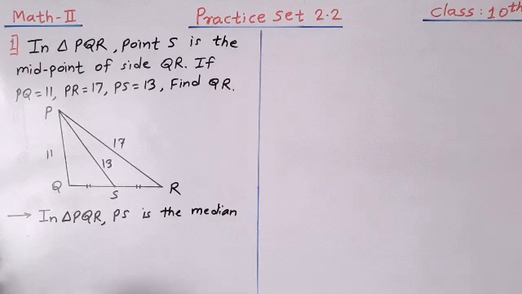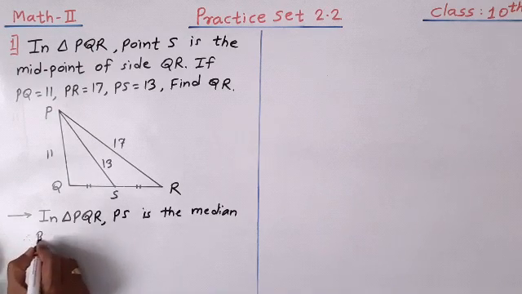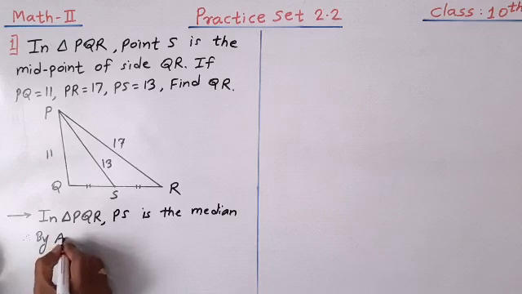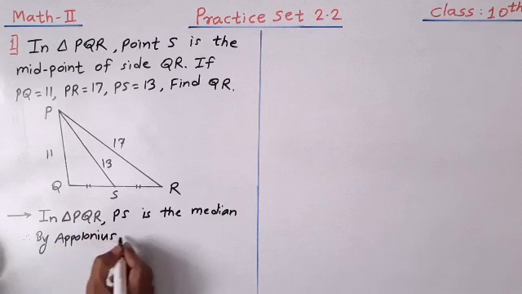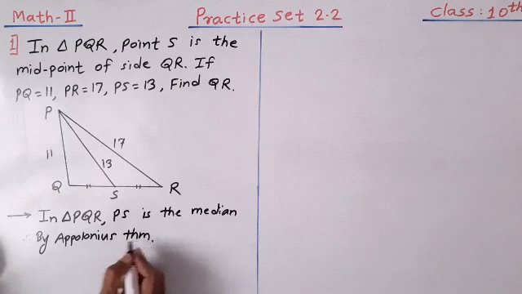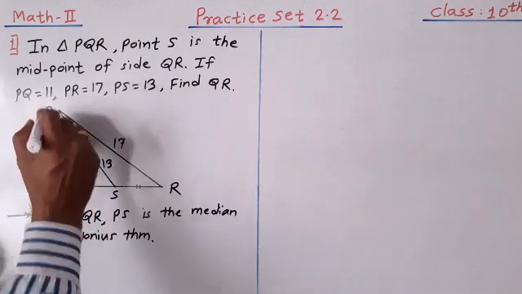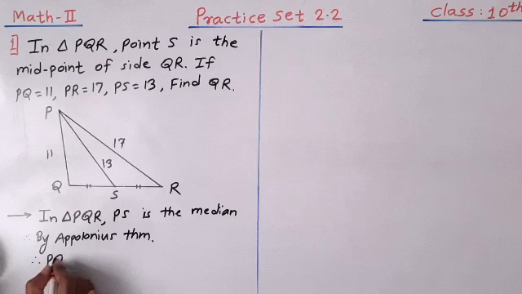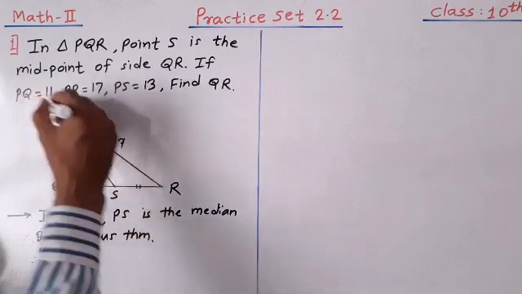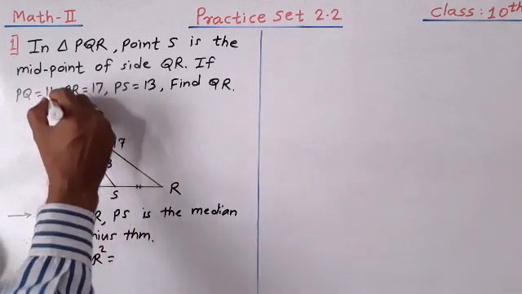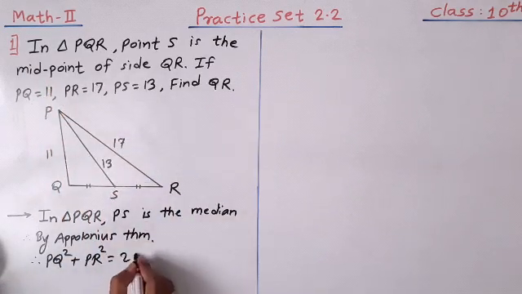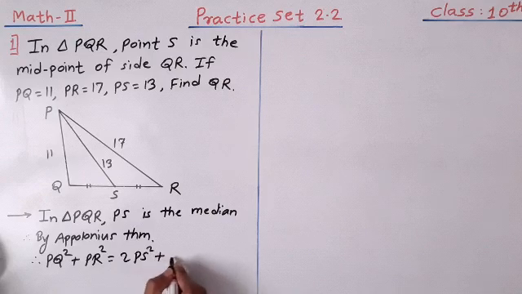Now here, by Apollonius theorem, we can write: PQ square plus PR square is equal to 2 times of PS square plus 2 times of QS square.